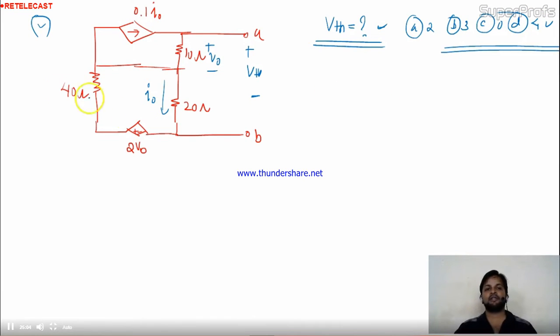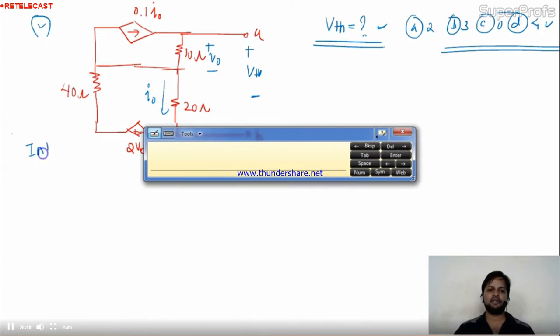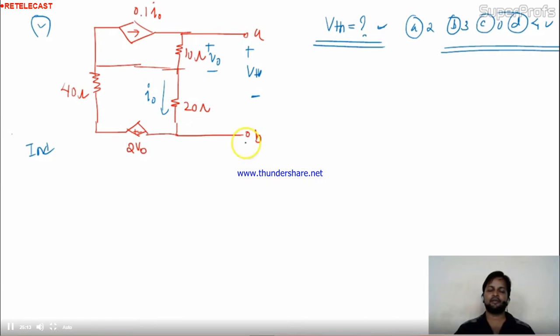No need to calculate for this type of circuit, because see, is there any independent source in this circuit? Independent source means the source which provides the energy to the circuit. In this circuit, we don't have an energy source. This type of circuit is called a dead circuit.